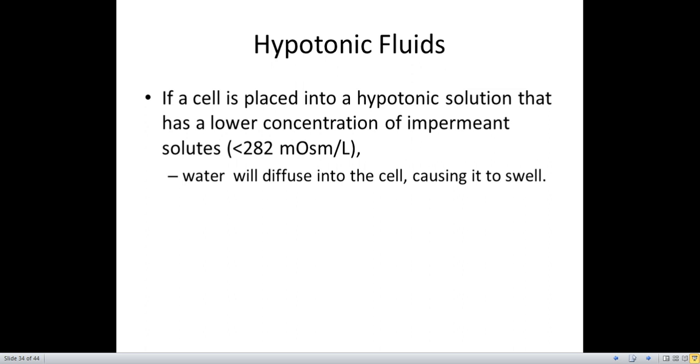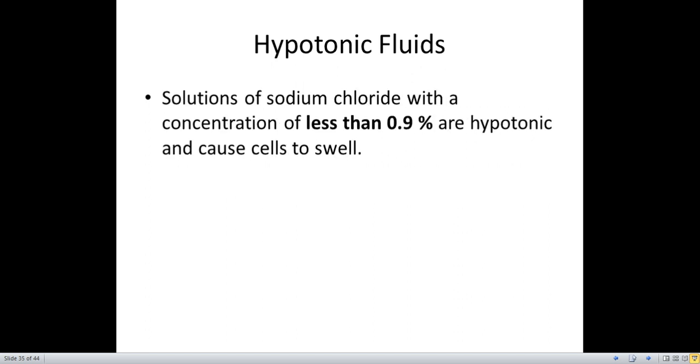If a cell is placed into a hypotonic solution that has a lower concentration of impermeant solutes, that is less than 282 milliosmoles per liter, water will diffuse into the cell, causing it to swell. Solutions of sodium chloride with a concentration of less than 0.9% are hypotonic and can cause cells to swell.